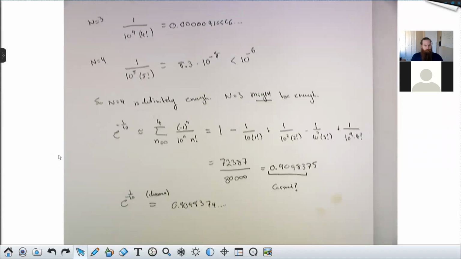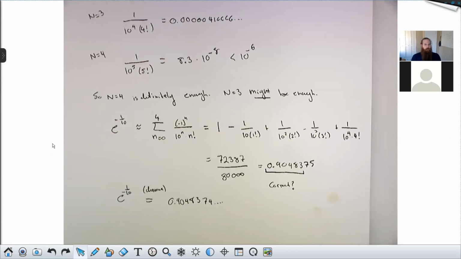So our fourth partial sum, which written out looks like this, has this decimal. The first 5 places of which are this. The actual value of e to the negative 1/10 has a decimal that starts like this.